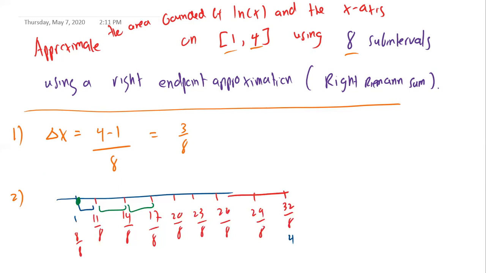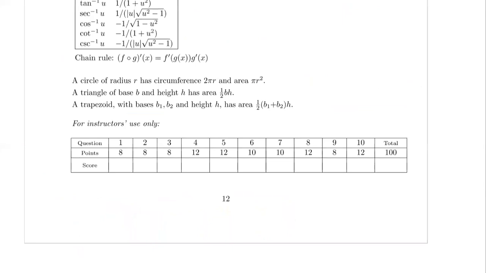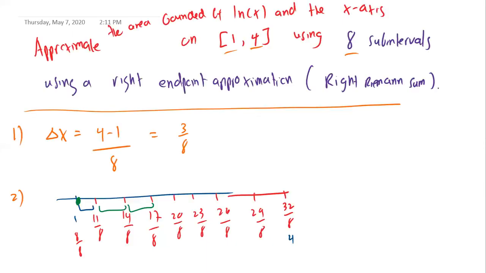So what would be the left Riemann sum for this? Remember, we're using rectangles to approximate. The length of each rectangle is always change in x. The height is given by the function value evaluated at each endpoint. So for the first rectangle, we have change in x times f of, what's the first input? That's 1. Plus change in x times f of the second input, 11/8.